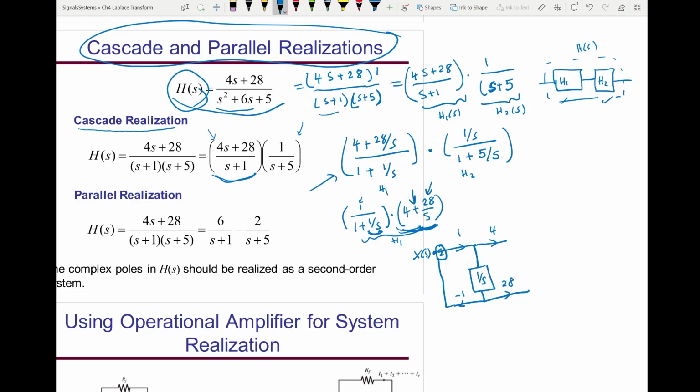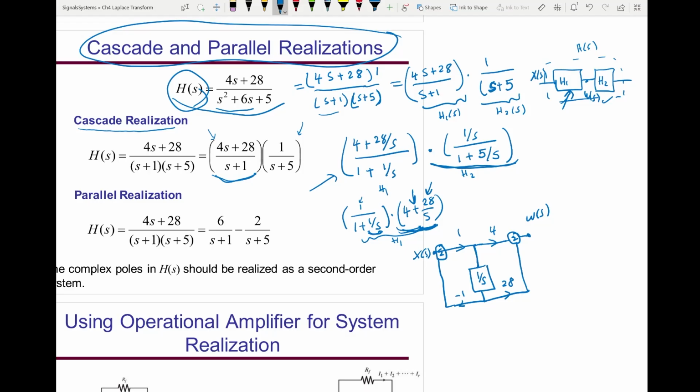And then I sum them up by this plus. And this is the output. So all I did right now is I built this. If I call this X of s and this W of s, that's what I have here. So all I did is this subsystem. Now let's build this.